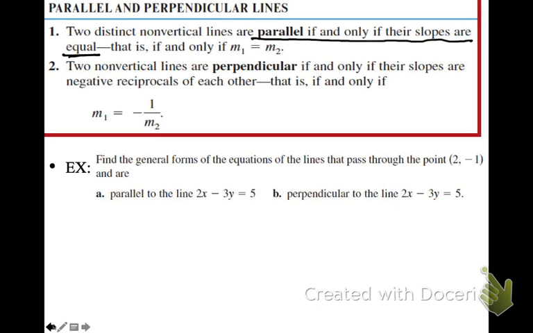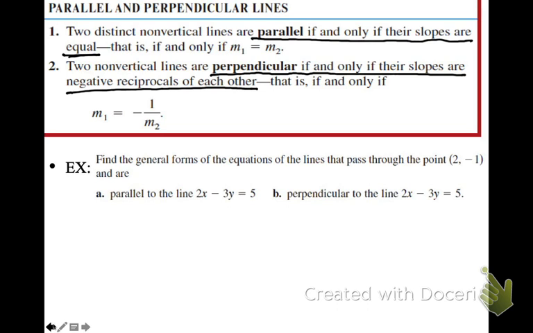Two lines are perpendicular. Perpendicular lines meet at a right angle, correct? If and only if their slopes are negative reciprocals of each other. Think about it. If they meet at a right angle, one has to be increasing and one has to be decreasing. So that would be the negative. One's positive, one's negative. And the reciprocal just reciprocates the value of the slope.